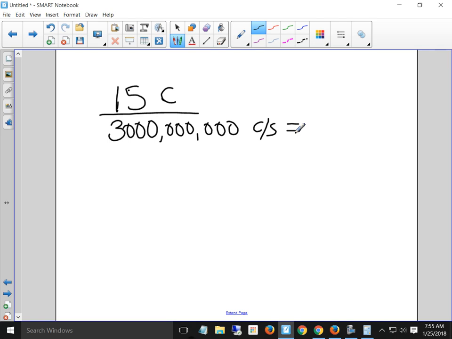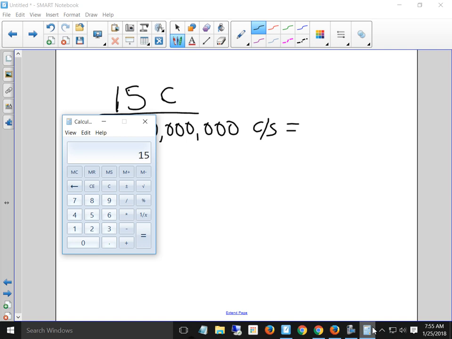And we'll do that on our calculator. So if we did 15 divided by 3,000,000,000 equals, I did something wrong here. Let me do it again.